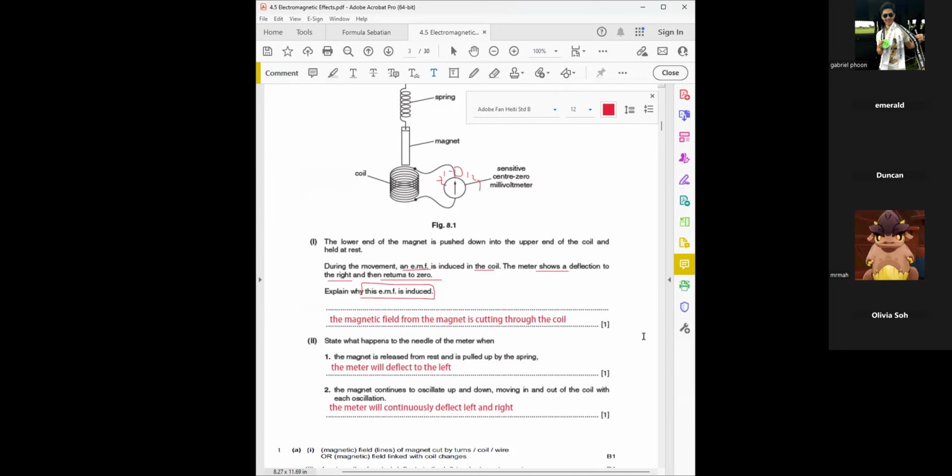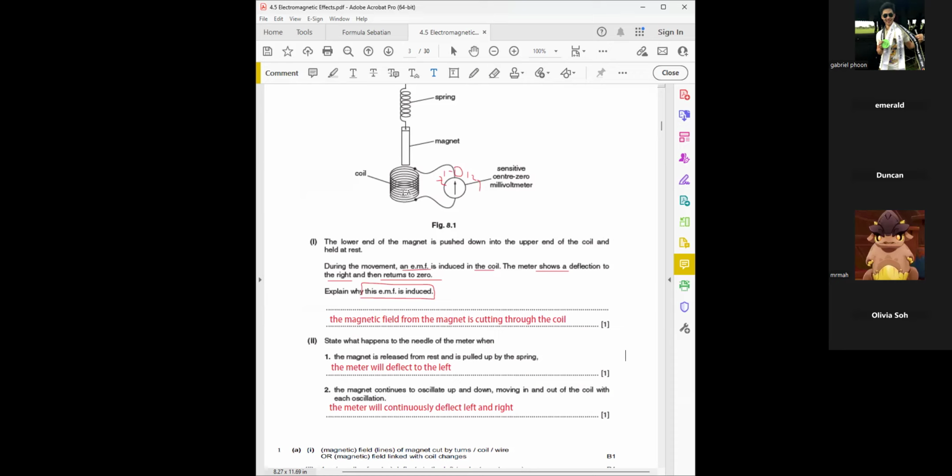Okay, ladies and gentlemen. Anyone has any questions with regards to this part here? Oh yeah, I want to ask about one of the answering methods. If the magnet is inserted, how do you write it? Do you say the coil cuts the magnetic field?